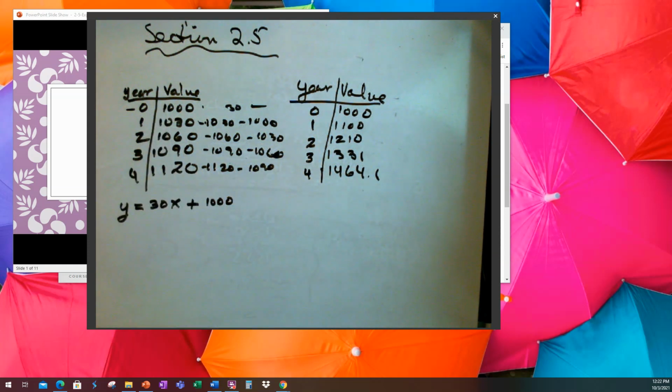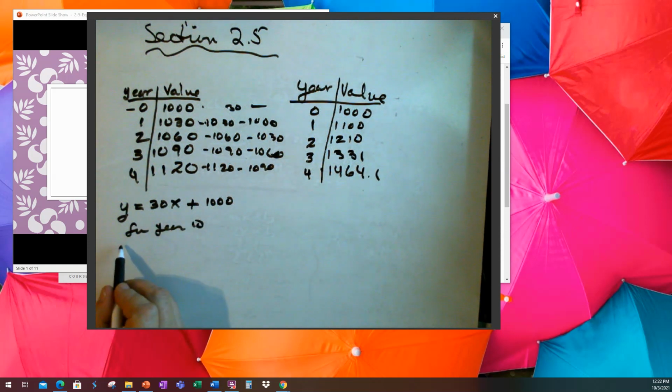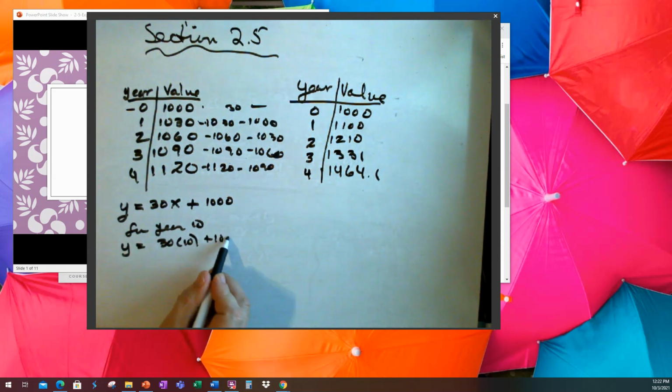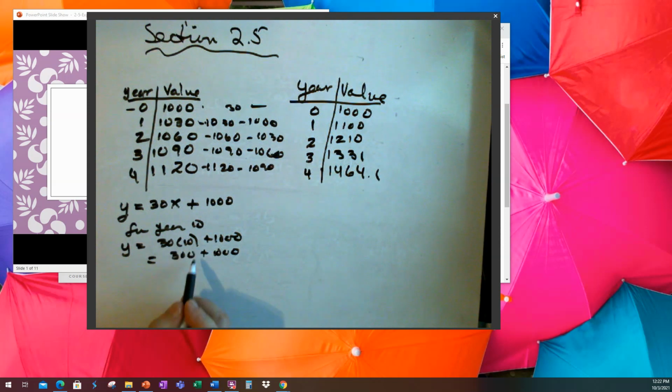So that's my prediction: for year 10, my y value would be 30 times 10 plus 1000, which is 300 plus 1000, or $1,300. So I can use this to predict going down.